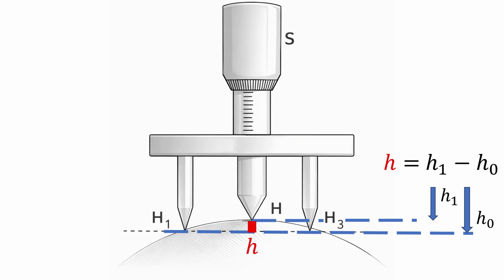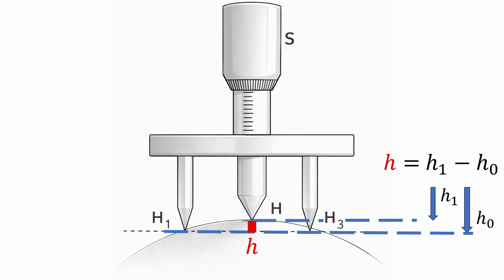So the distance h is the difference between the central screw's position when it touches the curved surface and its position when it touches the flat reference surface, which would correspond to this dashed line if the spherical surface were not present.